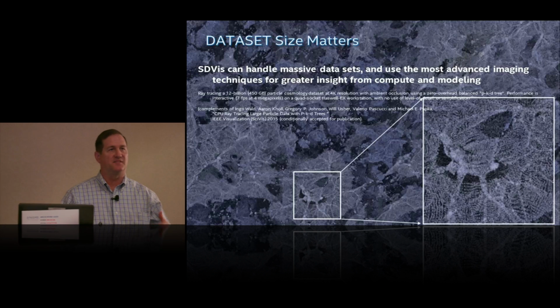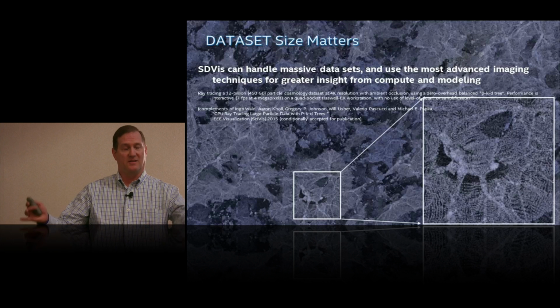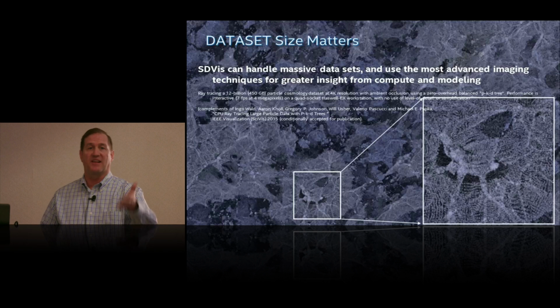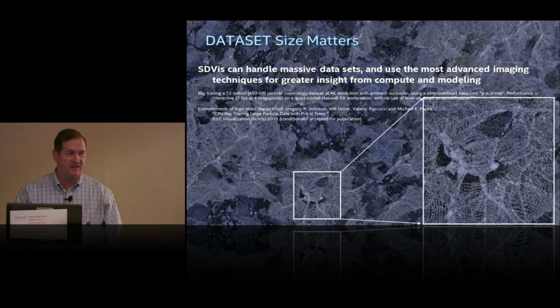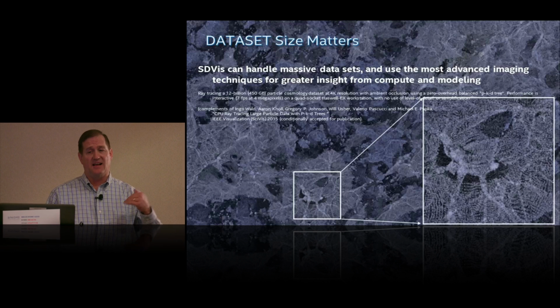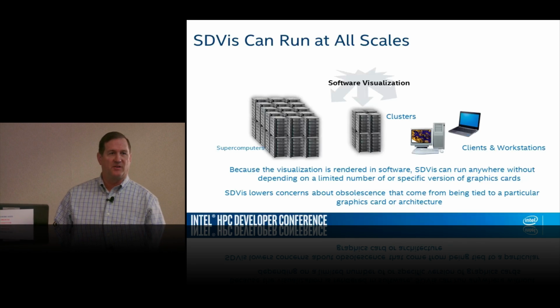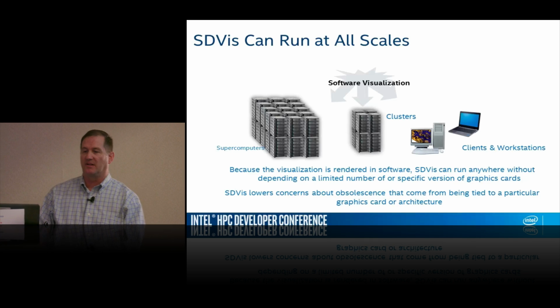And that kind of massive data, on either large workstations or distributed across a cluster that has that kind of memory size that Christina was talking about in the keynote, is critical. And enabling that is really what we're after. The other beauty of SDVis is that it's very, very flexible. It'll work at every scale from a laptop all the way up to large computers, and we're trying to enable all that capability as well.